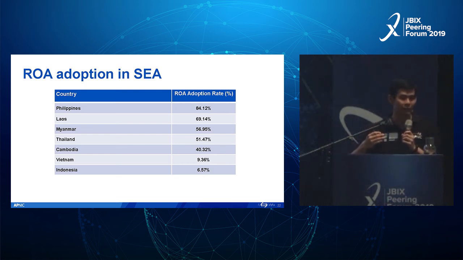If they have a ROA validator, they will check against the announcement, and if your announcement is not matching the ROA, they will actually drop it. So that makes your announcement more secure, and it avoids hijacking of the announcement.